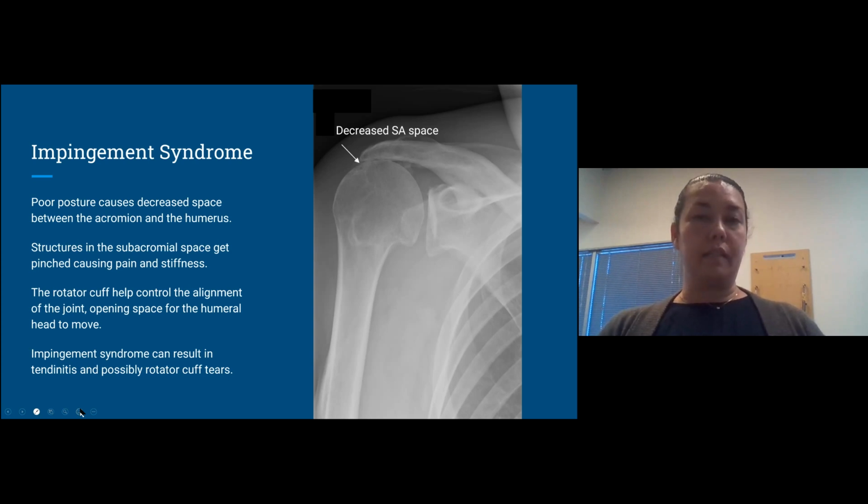If the joint space is not maintained, the impingement can result in rotator cuff tendinitis, bursitis, and even rotator cuff tears. So if you leave something for too long and with that narrow space, it's going to whittle away at your tendons and it could lead to tearing. And nobody wants that.